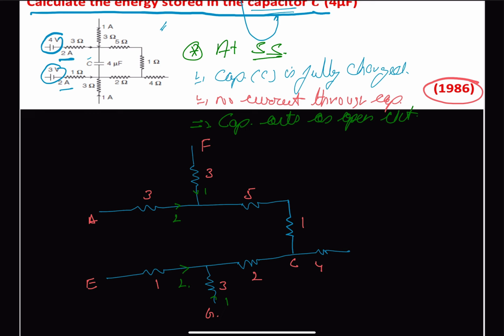So this was our B and D, and the capacitor was somewhere here. So this acts as an open circuit, so no current will be flowing through this. And we can find out the various values of the current that will be flowing in the circuit.